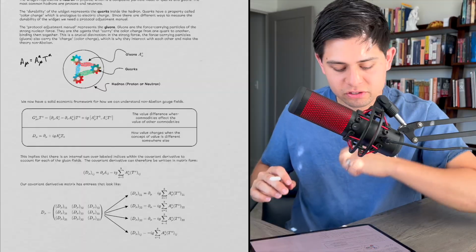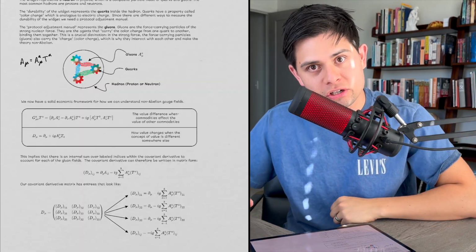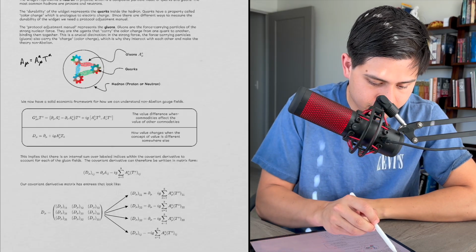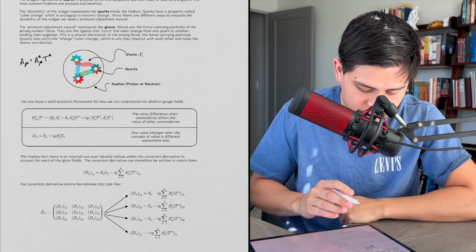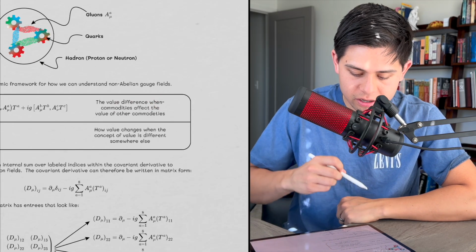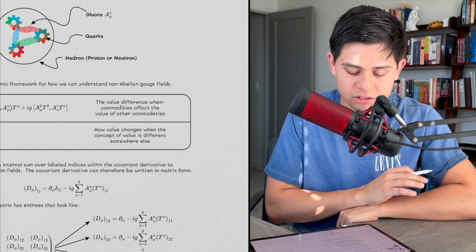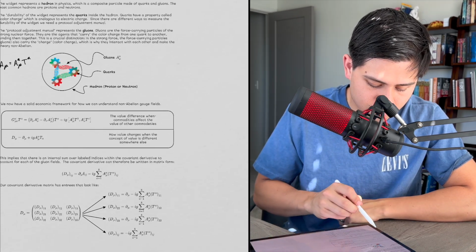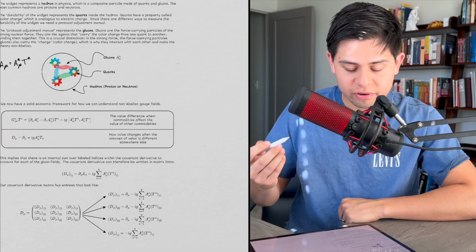All right, so now we have a solid economic framework for how we can understand non-abelian gauge fields. We have this thing here. This is our field strength tensor. This is the value difference when commodities affect the value of other commodities. We talked about that in the last few videos. And then now we have our covariant derivative.